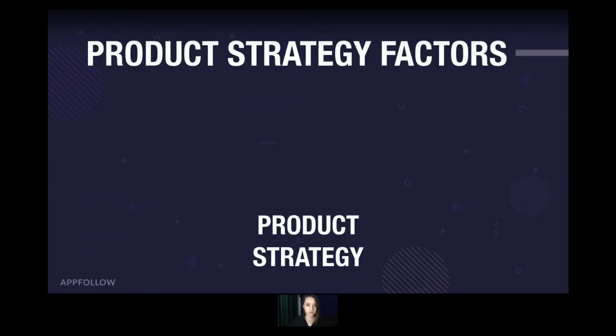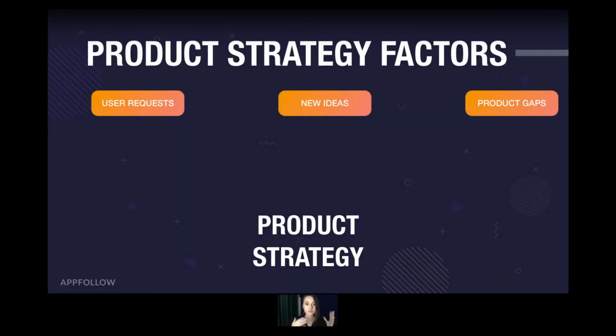Talking about the product strategy, let's have a look at the factors that affect it. There are user requests, things that users say, well, we want this, put in plain voice. Some new ideas, product gaps, which means that some product is doing something not that well and you have an idea how to do it better.